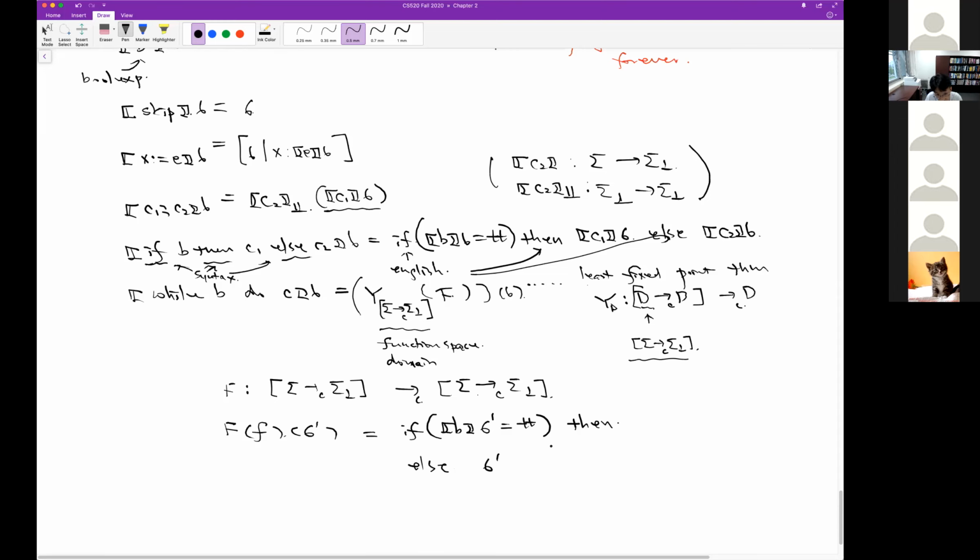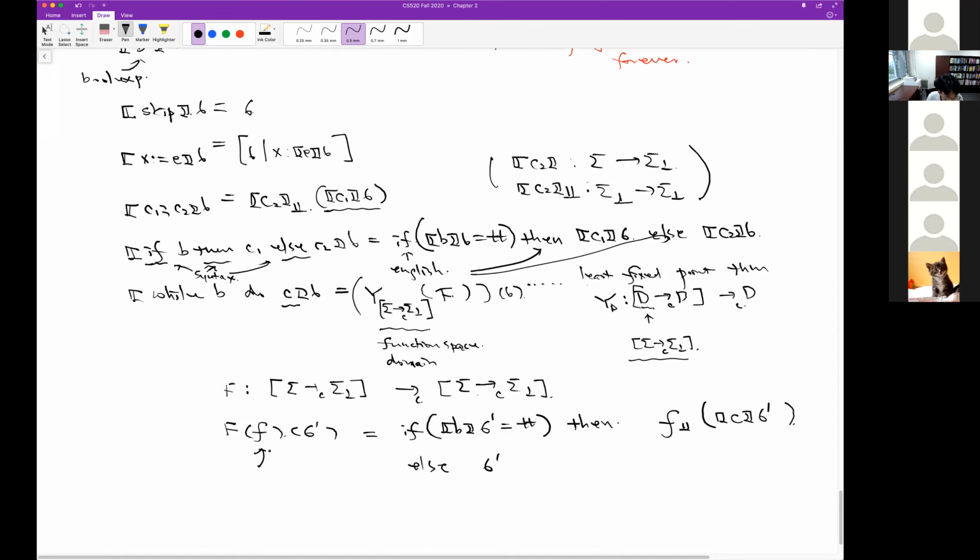If the Boolean condition is equal to true, that means we have to run C, the body of the loop, once. We run the body of the loop once, and then we run the rest of the loop, which this f captures, what's going to happen after one iteration of the loop. So we apply the lifting of this f to the result here.